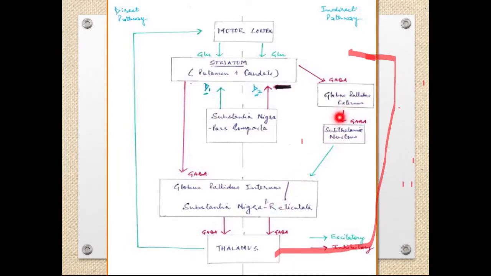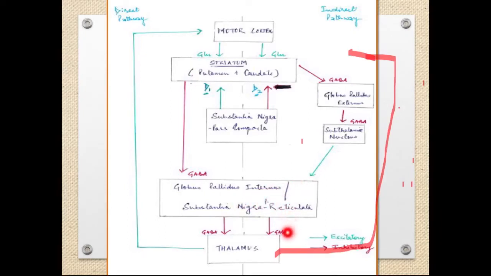So there are 3 positive and 3 negative in this indirect pathway. So 2 will cancel each other out. If we focus on the cancelling, just focus up to this part. These two are cancelling each other out. So what is the ultimate effect? The ultimate effect up to this point is excitatory. So globus pallidus internus neurons are getting excited by this pathway. And what kind of neurons are present in the globus pallidus internus?